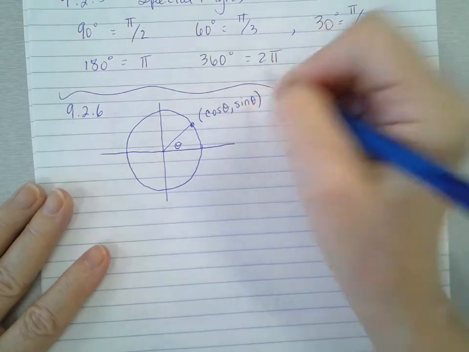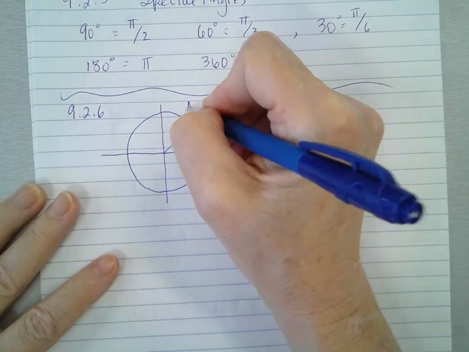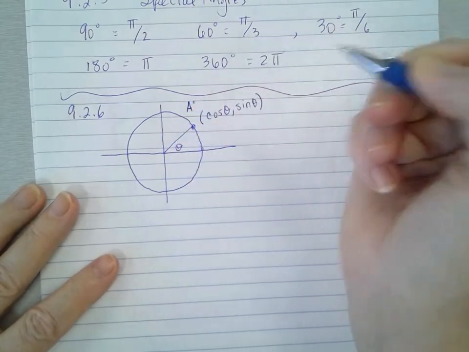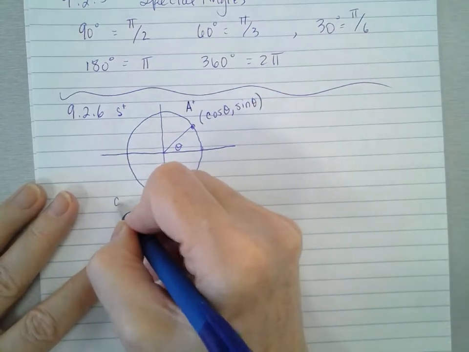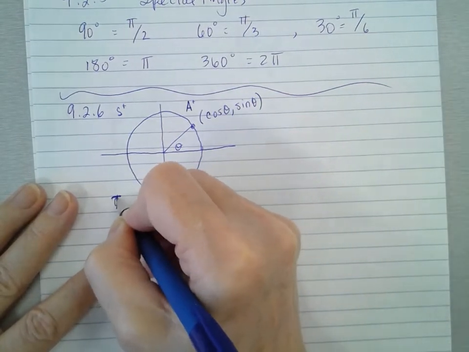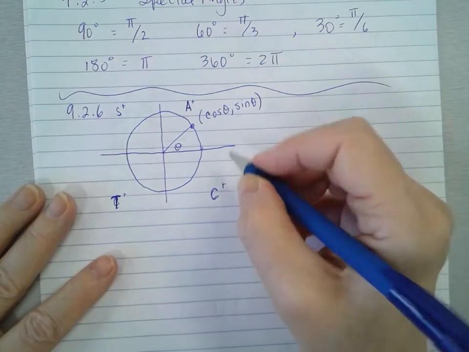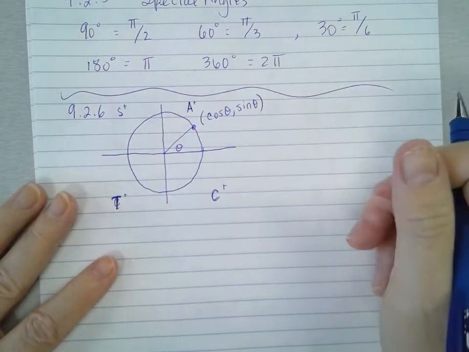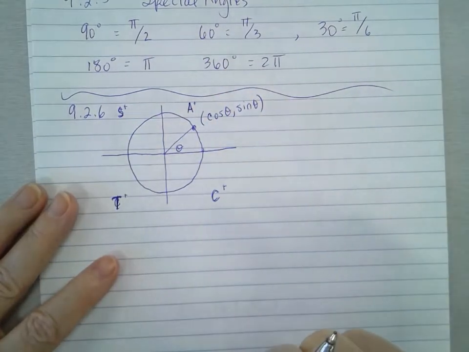That's a really, really important thing. It also says all trig functions are positive here. The sine is positive here. The tangent is positive here. And the cosine is positive here. That means all the other trig functions are negative in those places. Okay, so that's another big thing to know.